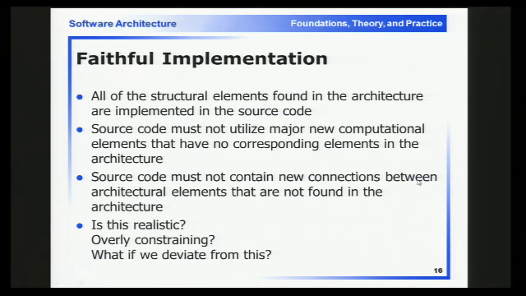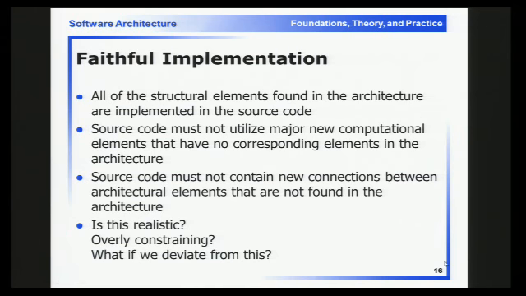So adding extra features does not do you any good. And the source code must not contain new connections between architecture elements that are not found in the architecture. These are basically the definitions of a faithful implementation. Those are the rules for determining whether it's a faithful implementation or not.